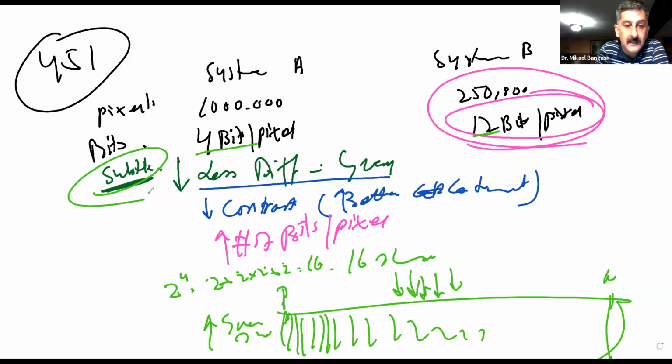Otherwise, if it says greater difference in the grayscale, it would have been system A because of a lower grayscale. That would be a greater difference.